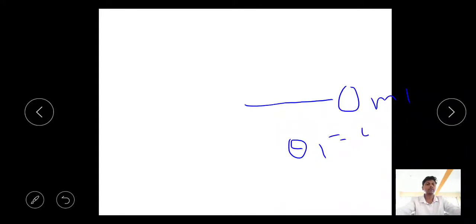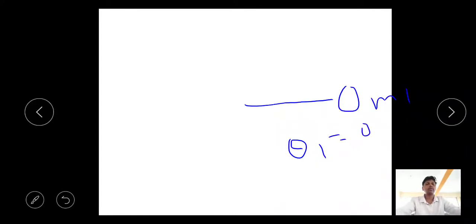So today we are taking the next problem. Whenever we are taking a problem, if we are taking this m1, you are taking this angle theta 1 as 0 degree.